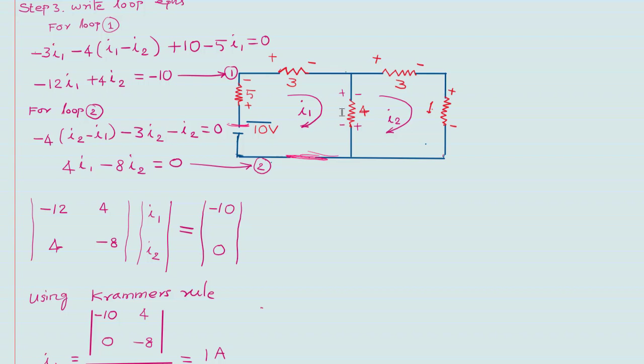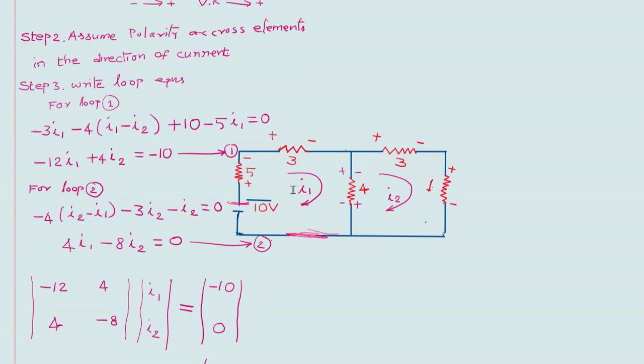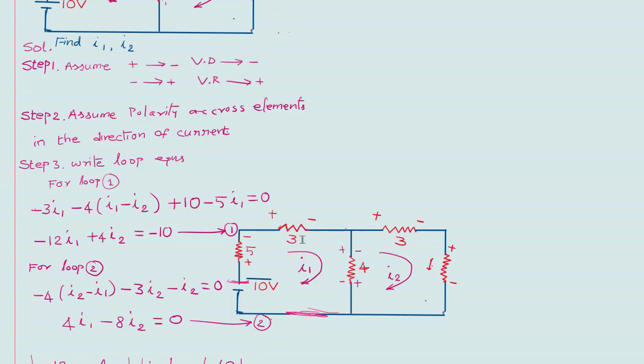So we assumed the loop currents, and we also gave the polarity for voltages across various elements in the circuit. Once this is done, and having known the definition of voltage drop and voltage rise and its sign, we can write loop equations for loop 1 and loop 2. First let me take the loop 1 equation. You start at some point, so let me start at this point, the 3 ohm resistor. The polarity is already given. This is going from positive to negative in the assumed current direction, which is called a voltage drop, so it will get minus.